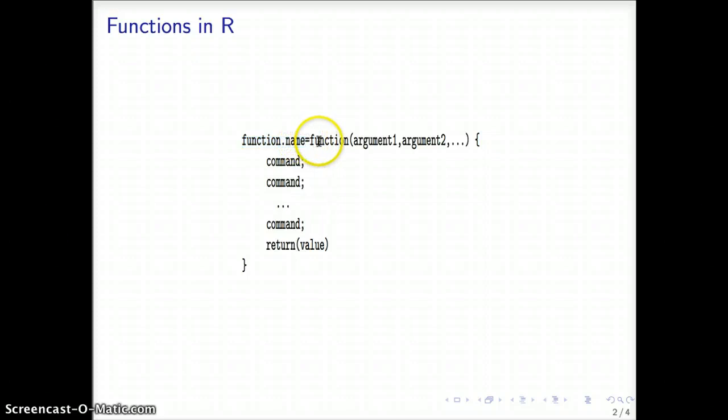We have an equal sign, the reserved word function, and then in parentheses we specify the input arguments. Then we have the braces, and inside these braces we have a series of commands that will be executed, and the output of this function will be specified by a value inside the special word return.